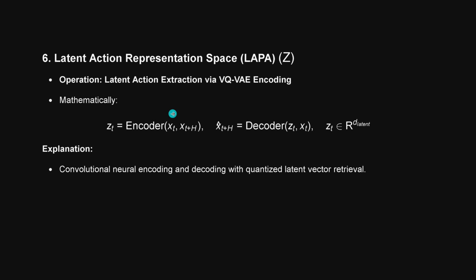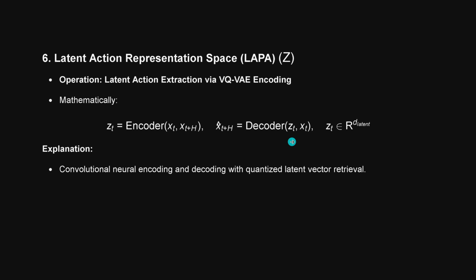We have here a frame of a video. At this frame we call x at a specific time t. And the very next frame we call x at t plus 1. And then we encode those two video frames, and we get a latent vector z at a particular time t.